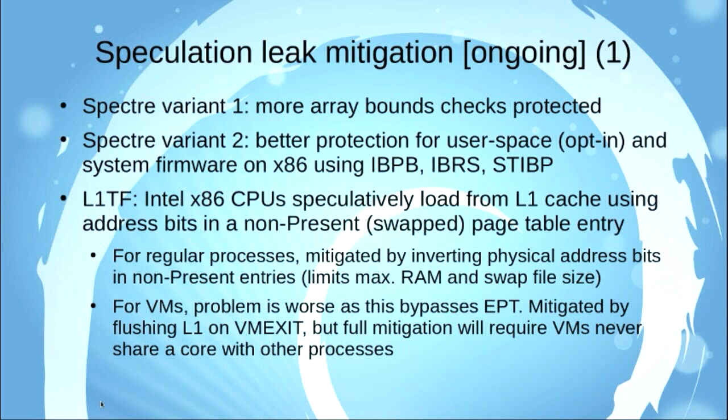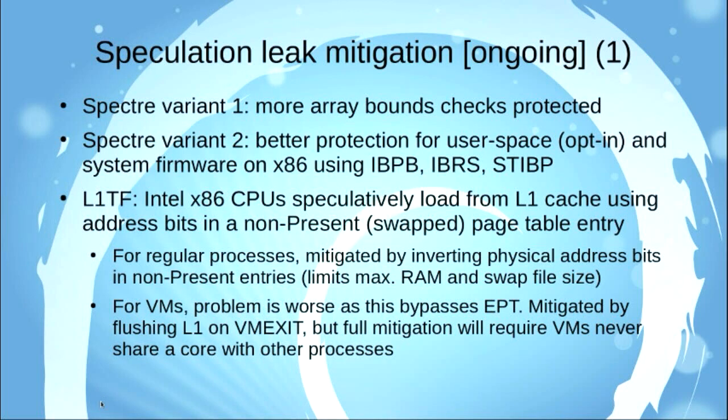So there are two major new issues. There's L1TF, also known as Foreshadow. Intel x86 CPUs would speculatively load data from the first level cache using address bits in a page table entry, which would normally provide the physical address, but it would do this even in an entry that was marked not present, which would be used for a page that had been swapped out and for a few other reasons.